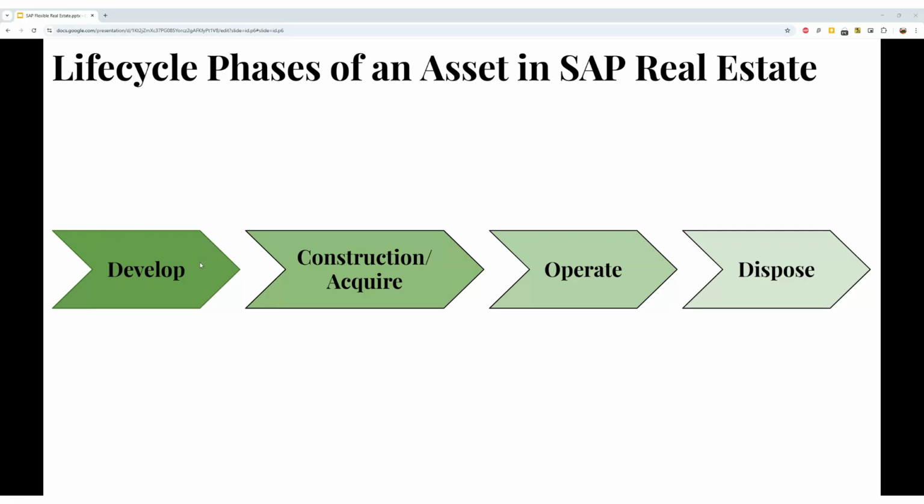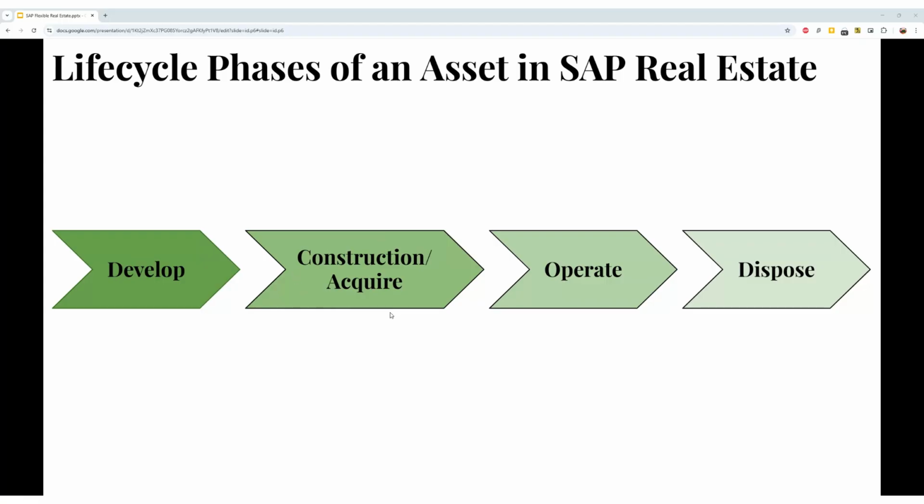All sorts of planning, the budgeting, the timelines will be discussed, and we will get a go-ahead on whether to go ahead with the construction or not.